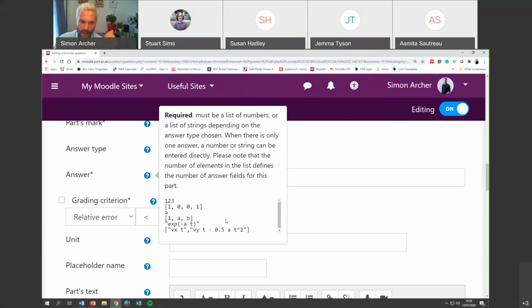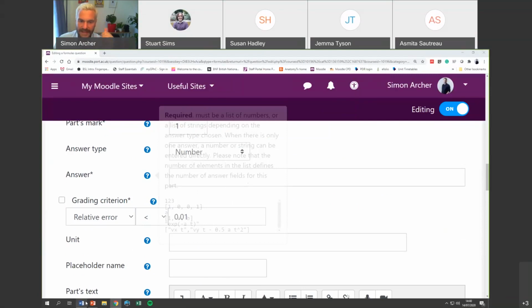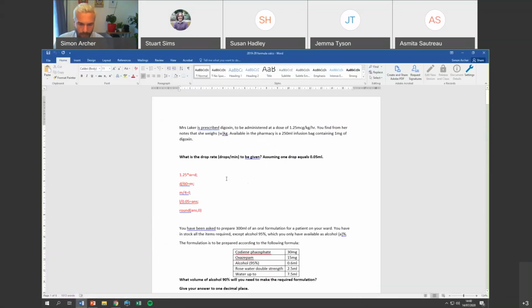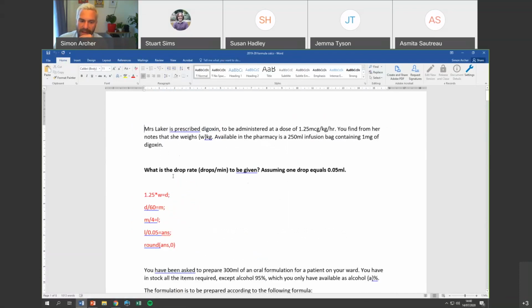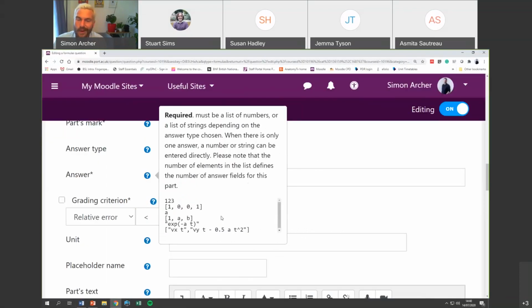So I've done my work here, and all I've got to do is copy and paste this in, just to save me sitting in front of Moodle all the time. But if you want to, you can type. That's why it gives you that information there.